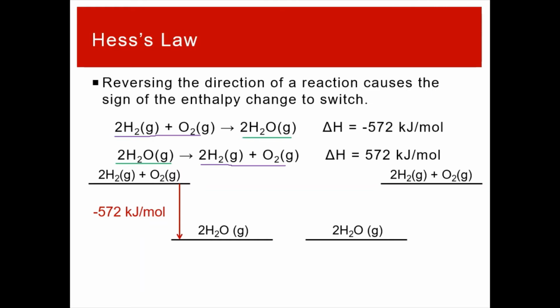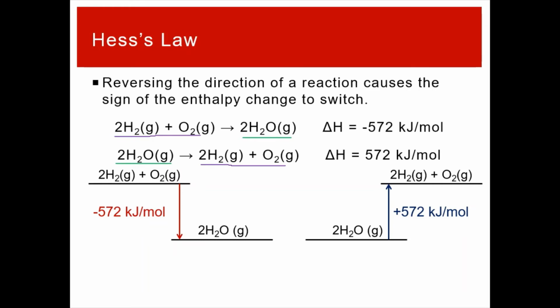Well, if you swap the direction of the reaction and ask what happens if I go from water to hydrogen and oxygen, the values for the endpoints are the same. The only difference is what you're calling the start and what you're calling the end. So initial and final have just swapped designations, and the distance between those points is going to be the same. And when you do the subtraction, it's just going to be positive.